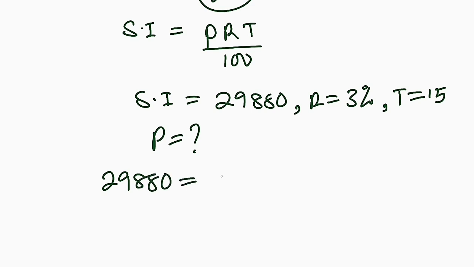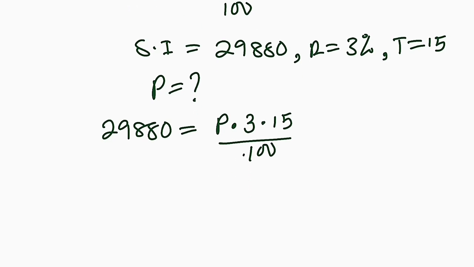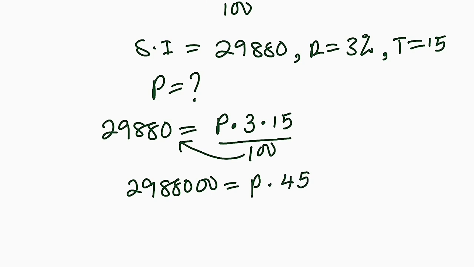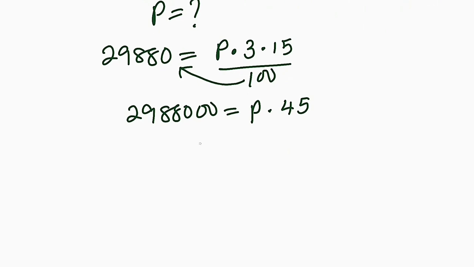So let's substitute. We have 29,880 equal to the principal that we are looking for times the rate 3 times 15 divided by 100. Take this and multiply by this. You have 2,988,000 equal to P multiplied by 15 times 3 is 45. Now we divide both sides by 45.